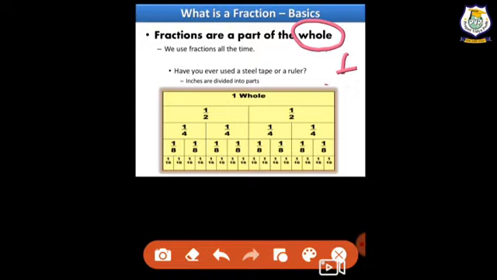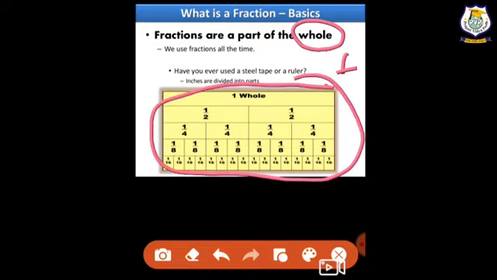Like here I have taken one example, where one whole is given, and it is divided into parts. The middle line you have seen divides it into two parts, right? After that you have seen here the half. Here it is the 1, it is the half part, and it is the 1/4 part, and the next one is 1/8, and the last one is 1/16.